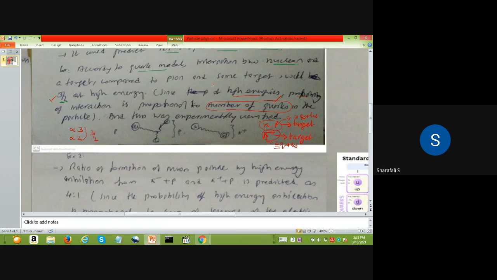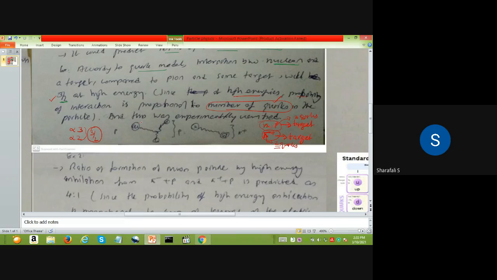This was experimentally observed: when you compare the interaction of a neutron or proton with some target to the interaction of a pion with the same target, you get this factor 3/2.